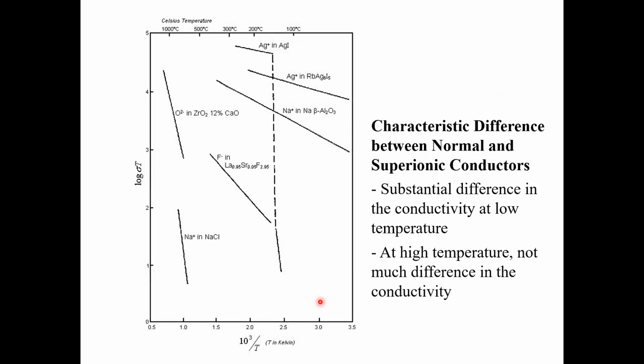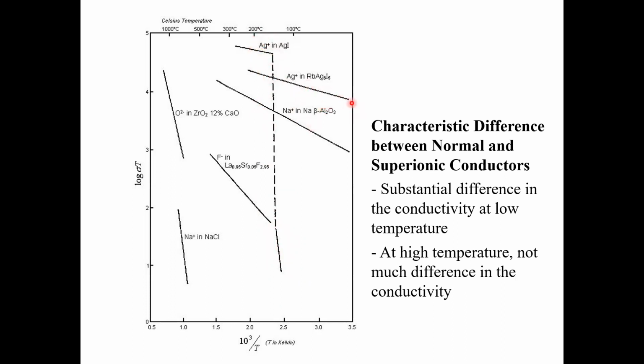If you look at the Arrhenius plot, the logarithm of ionic conductivity times temperature versus 1/T, you can see here the various types of material. Silver iodide, which is a silver ion conductor, goes through a first order transition from a low temperature insulating material to a high temperature superionic conductor.